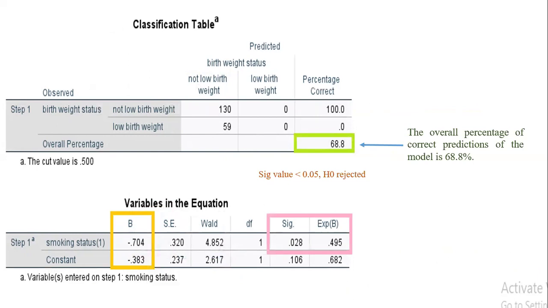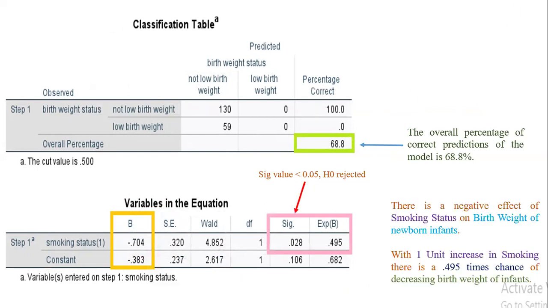The sig value here is less than 5%, and there is a negative effect of smoking status on the birth weight of newborn infants. You can see the negative value. So with a 1 unit increase in smoking status, there is a 0.495 times chance of decreasing birth weight of infants. As we have seen, there is a negative value for smoking status, so the birth weight of infants will decrease if the mother smokes.